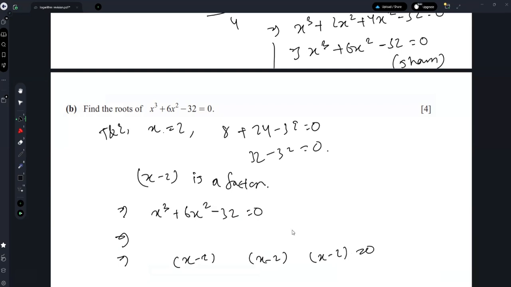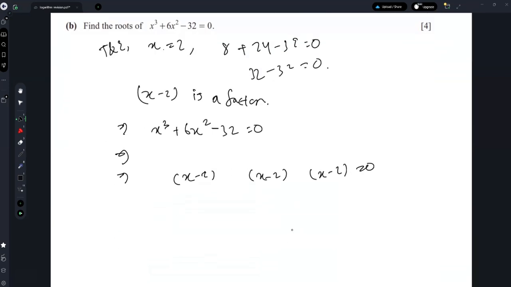Now, because the leading term here is 1x cubed, I can easily say that it's going to be x squared because that's going to be unchanged. The other things are going to be changed according to the additions and subtractions we do throughout the expression. So I'm going to expand this one. I get x cubed minus 2x squared.